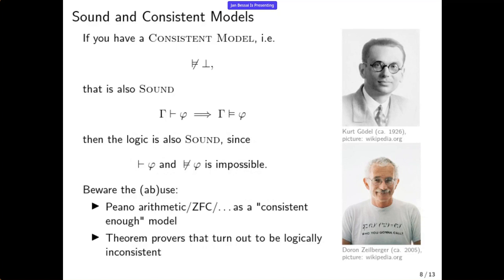And so there's the danger here that if for some reason the consistency of Peano arithmetic or set theory becomes questionable, then all of these soundness proofs of other logics that just relied on having a sound consistent model in Peano arithmetic or stronger, they would also collapse.